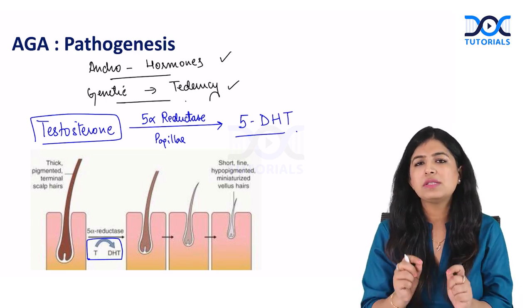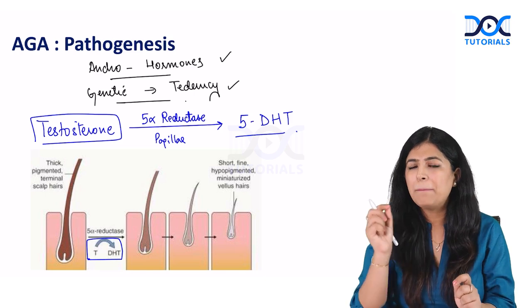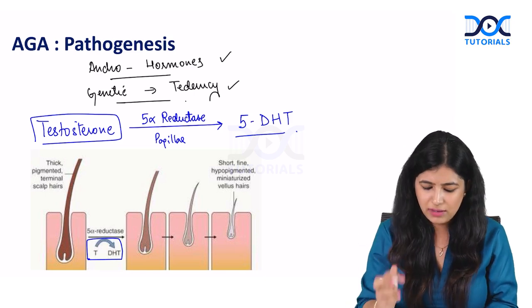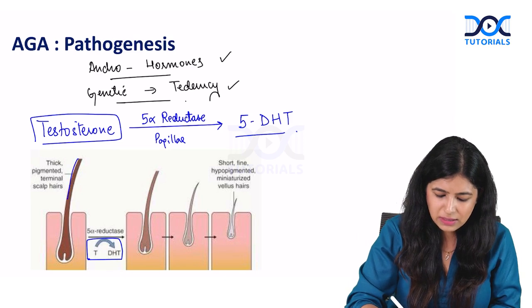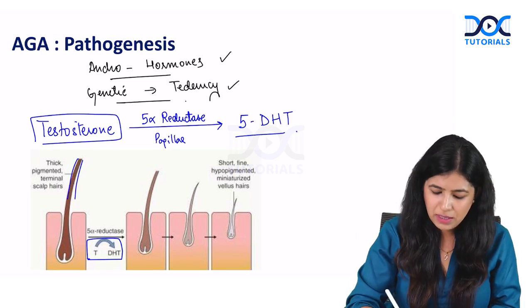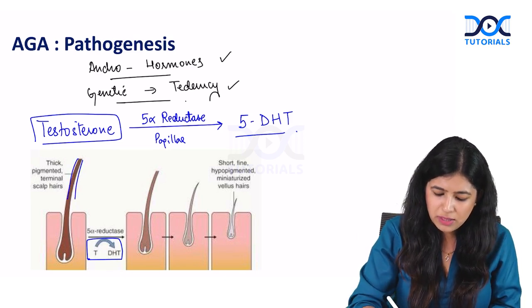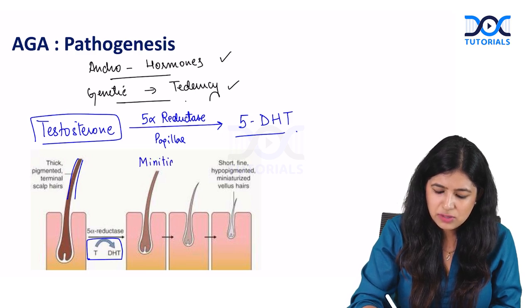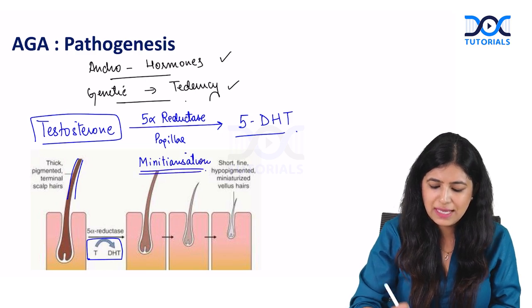Now, the hair loss also progresses in a pattern, even in that one hair. See what is happening here. This is a thick terminal black hair. Due to effect of this hormone, this becomes smaller and thinner. So this is called as the miniaturization of the hair.